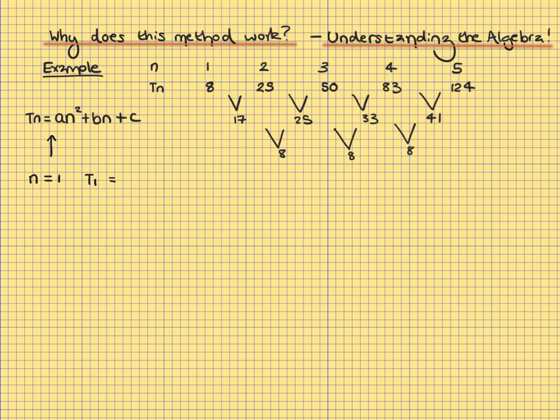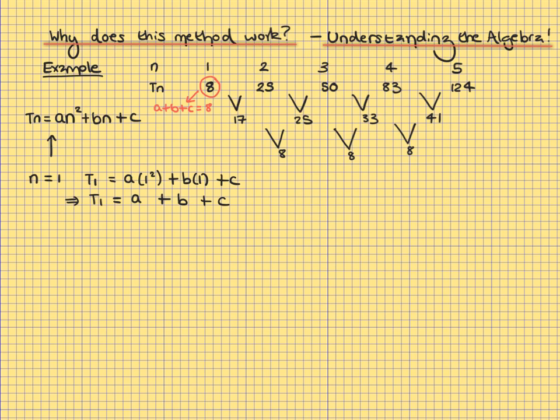And I can input n equals 1 into the right-hand side of this. It's a times 1 squared plus b times 1 plus c, which tells me that the first term of the sequence is a plus b plus c. But that's what we said before. Remember, we said that the first term of the sequence was a plus b plus c.